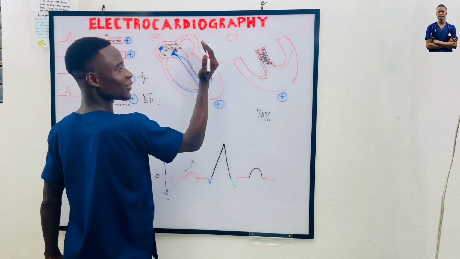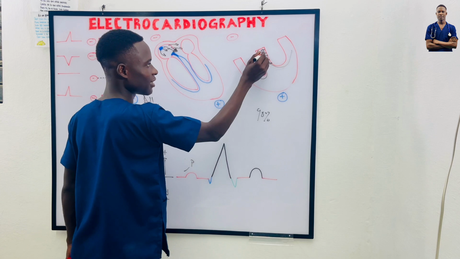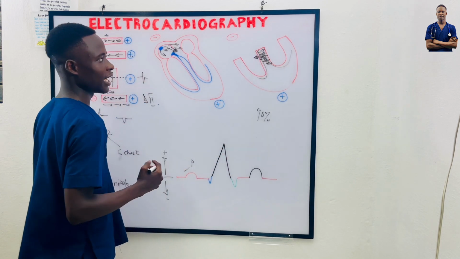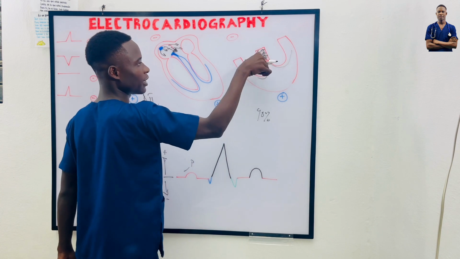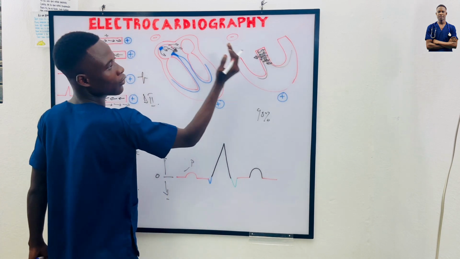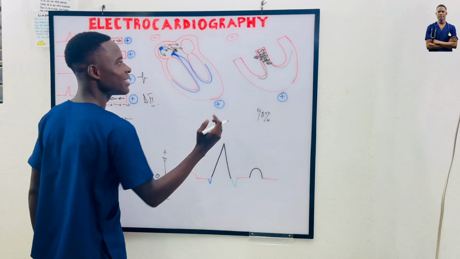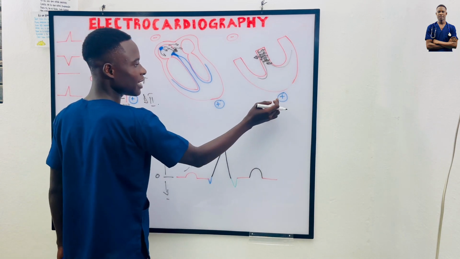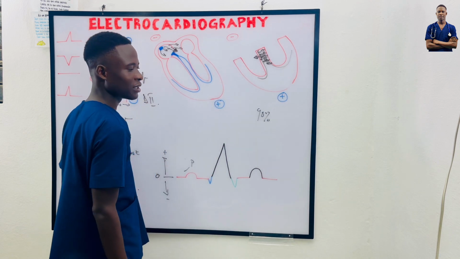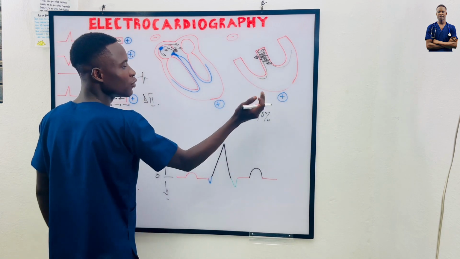The vector is moving towards this area. Let me draw a big vector here. This vector represents all the small vectors over here, the movement over here. Is it moving closer to the positive electrode or away from the positive electrode? It is moving away.